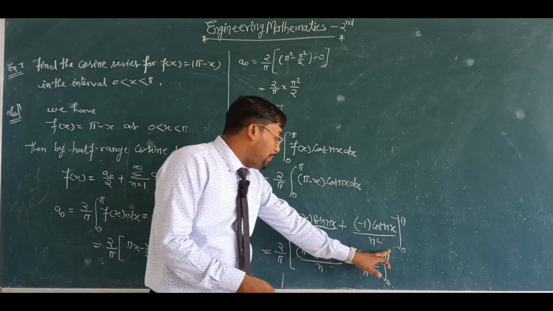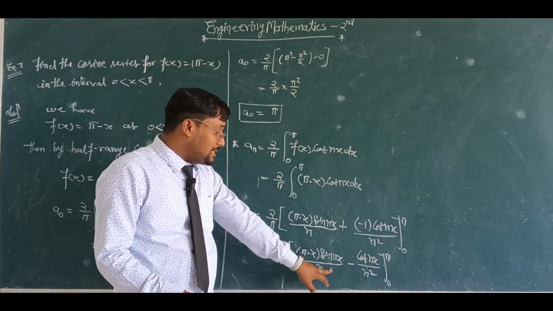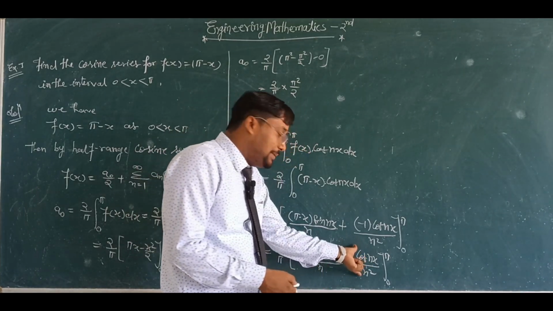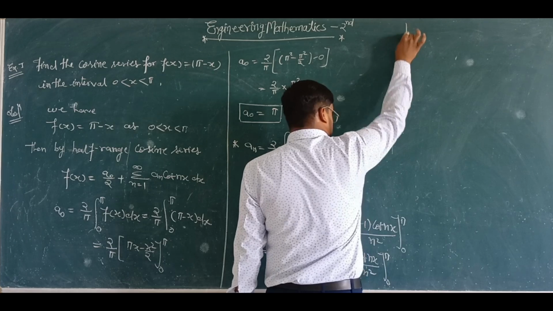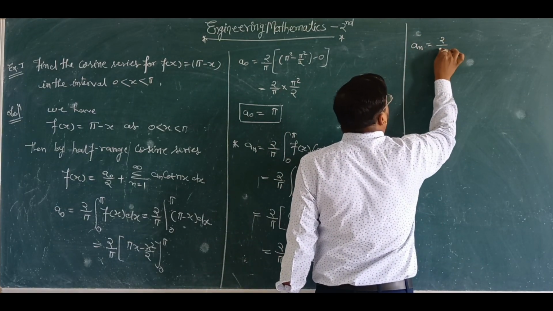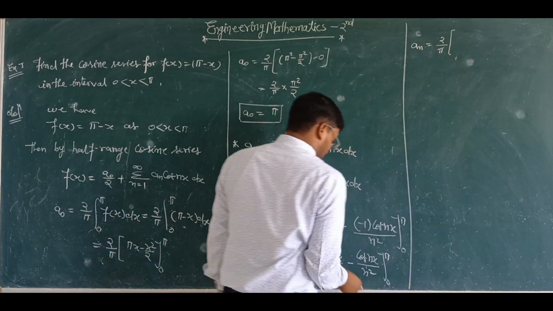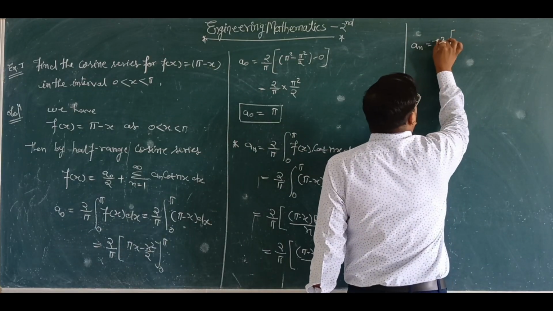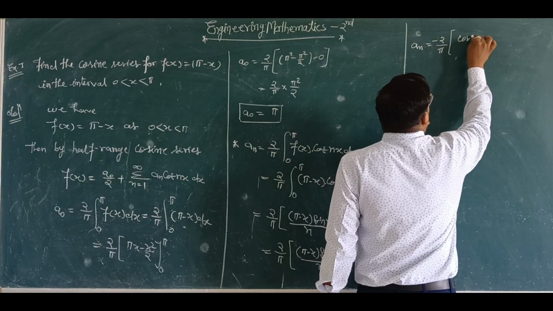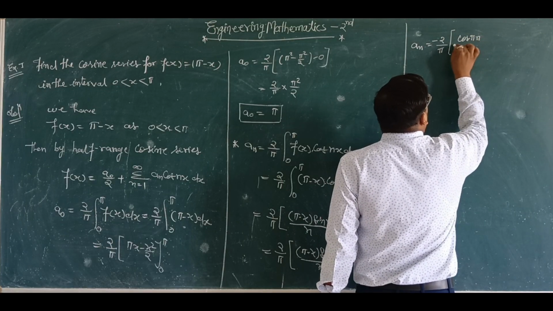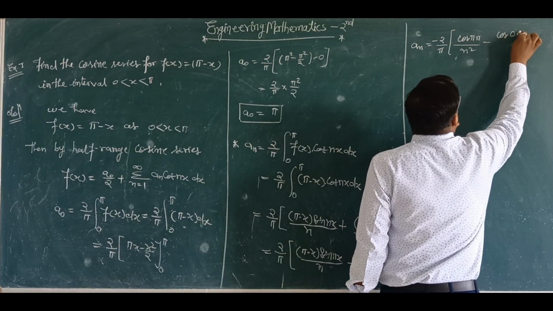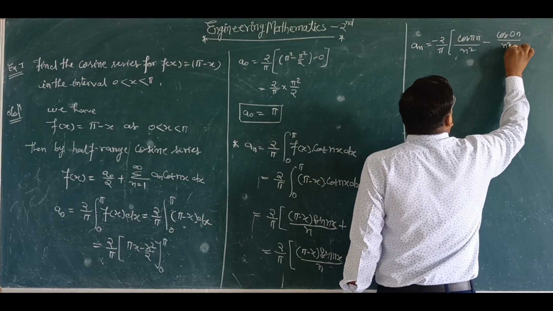When the limit 0 to pi of this function is even function, the value of this function will be 0. Now putting the limit of this function, you can write an is equal to 2 upon pi bracket minus 2 upon pi cos pi n upon n square minus cos 0 n upon n square.